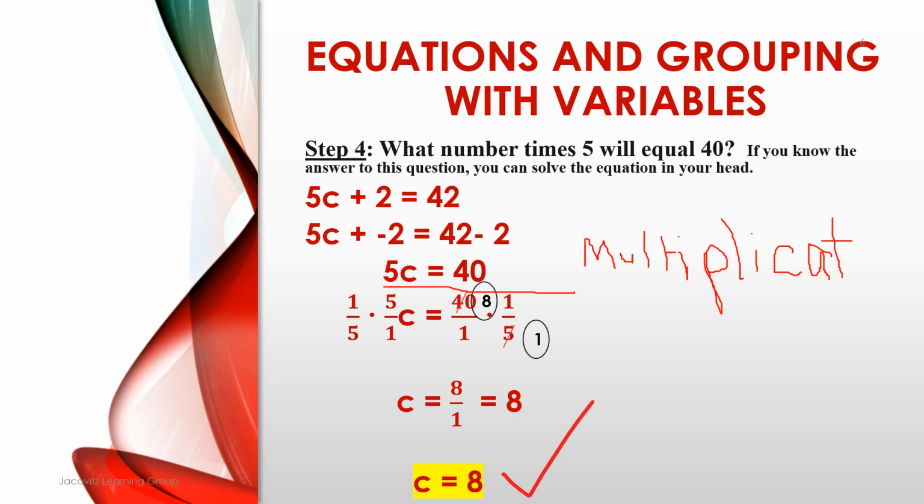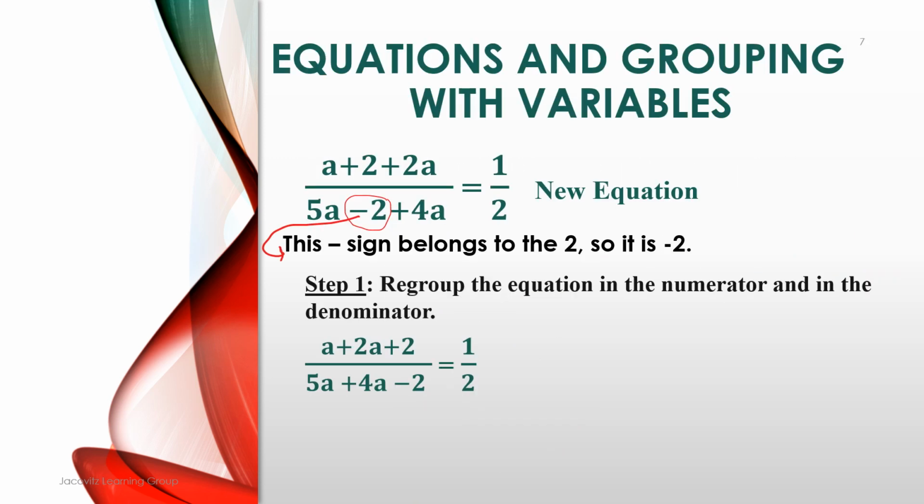So we had 1/5 times 40, and we condensed. 5 goes into itself one time, 5 goes into 40 eight times. And so you have 8 over 1, which is 8. Done.